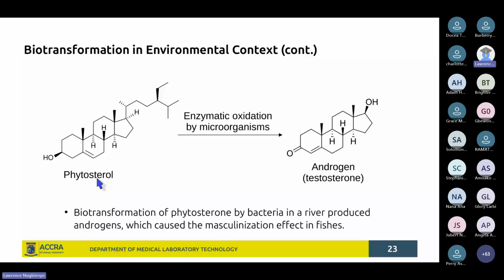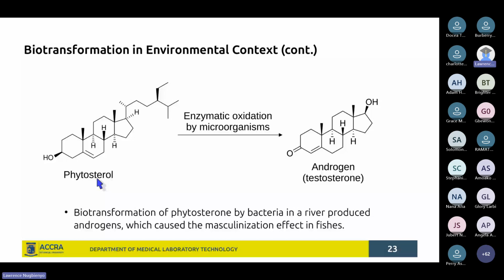And it was investigated until they realized that there was a factory along the river that was involved in processing of nuts, and they released the waste from the factory into the river.